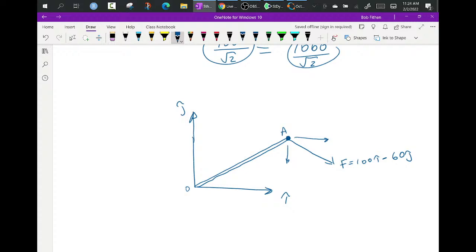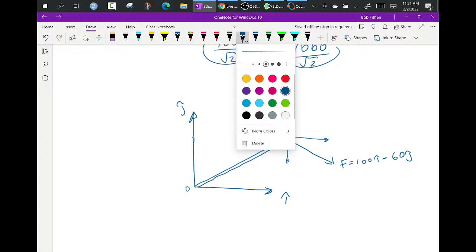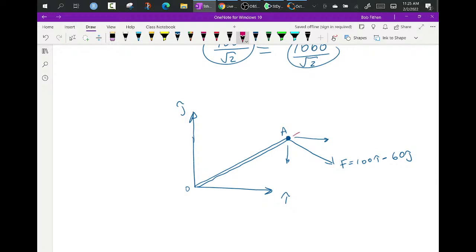But that's no good to me, because what I really want to know is what's the force pulling it out this direction, and what's the force pulling it down this direction. If that makes sense to you, I hope it does. Let's see if we can figure this out.